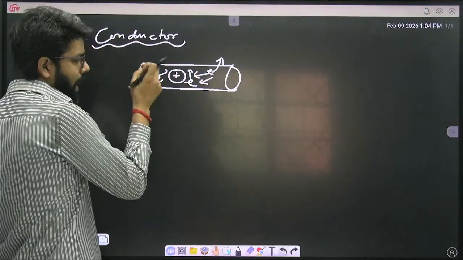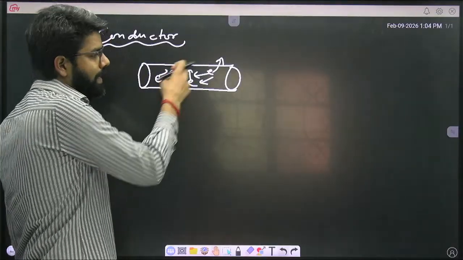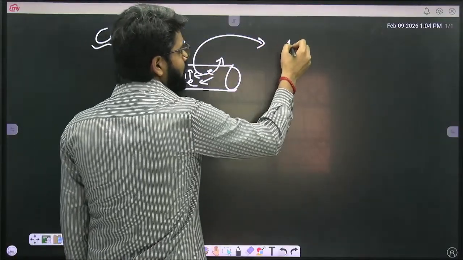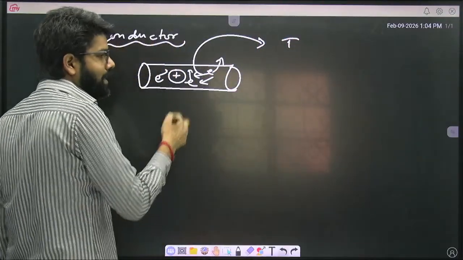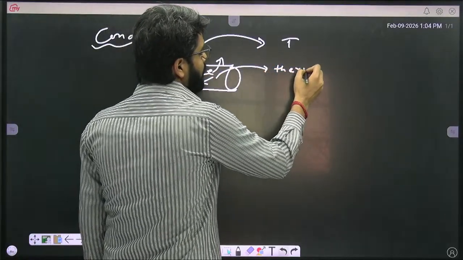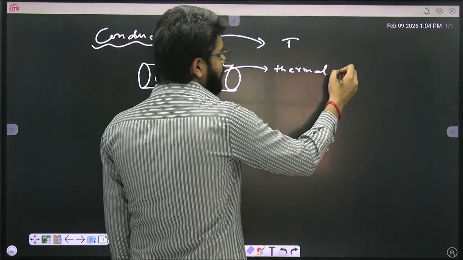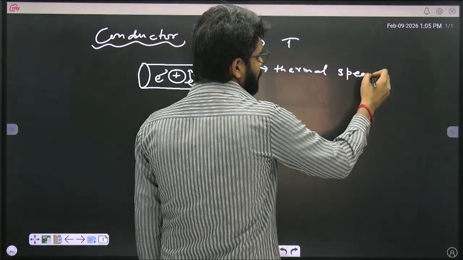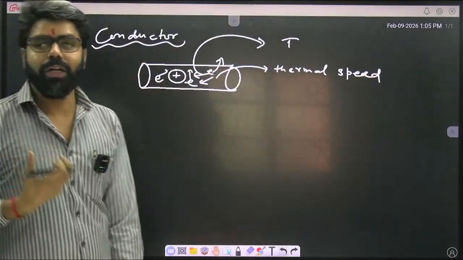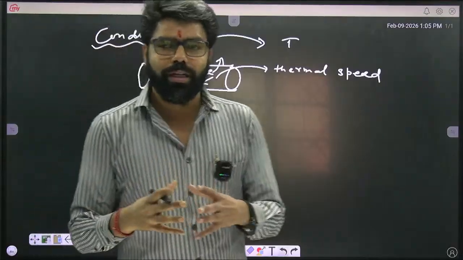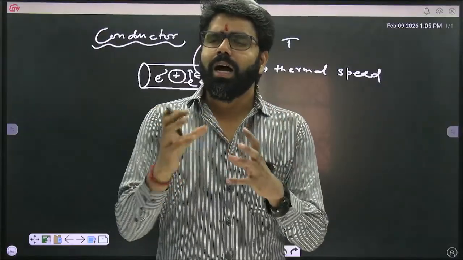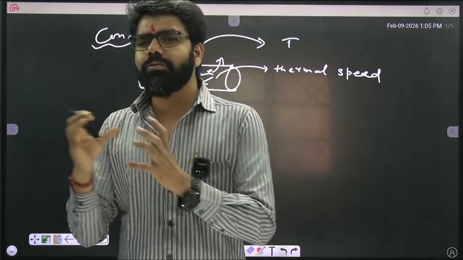So they are under frequent collision among themselves, and this collision happens due to the temperature, and during the collision they have a speed, so that speed is called the thermal speed. Like if we consider any material, they have ions, molecules, electrons, they are into random collision always, and due to this collision they travel some mean free path.